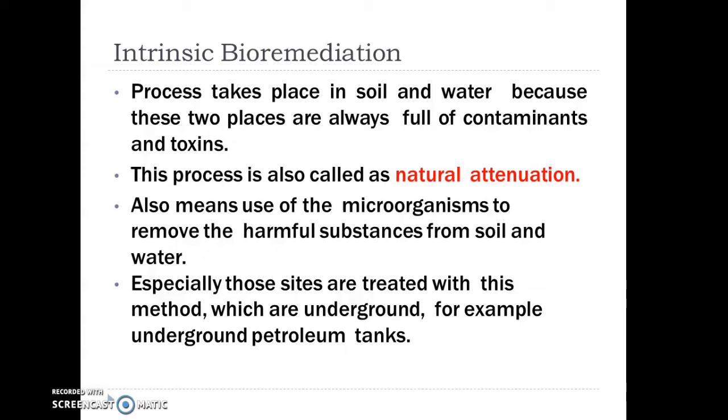For example, in an underground petroleum tank rupture and such places, intrinsic bioremediation is used. So it is generally used at a site where toxins are present, mainly in soil and water, maybe underground soil contaminant or underwater contaminant. So it is natural attenuation.